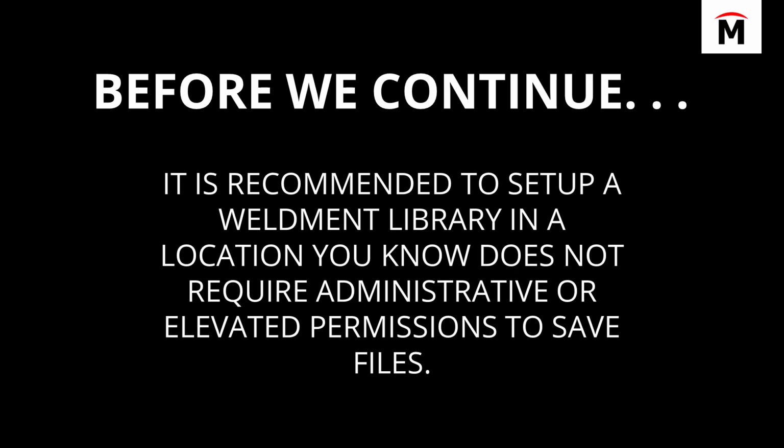The generic place where SOLIDWORKS installs the basic profiles that we use is typically in a location where you could need administrative permissions or elevated permissions in order to save in that location. So I recommend that you do a test on your own computer. Make sure that you set up a weldment profile library, someplace where you know that you are going to be able to save. This can be a documents folder, C drive, it could be several different locations.